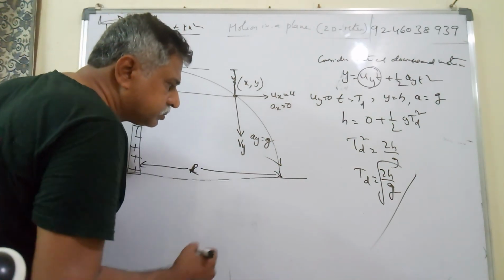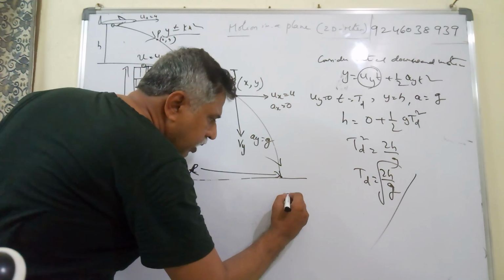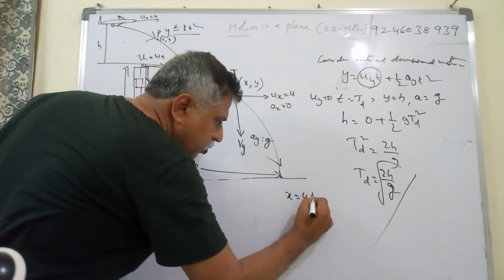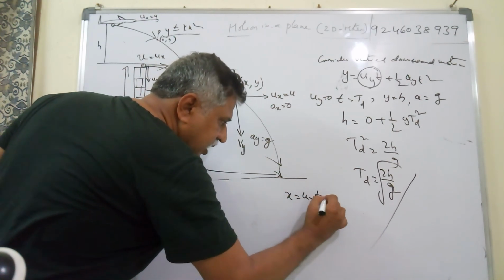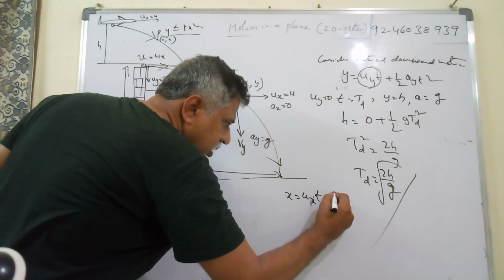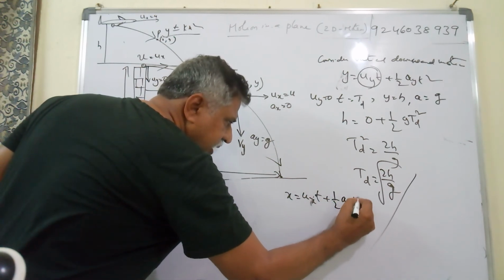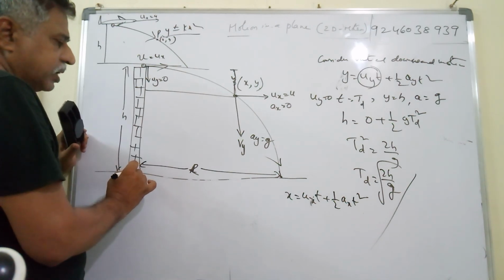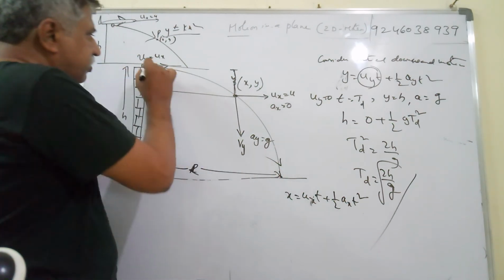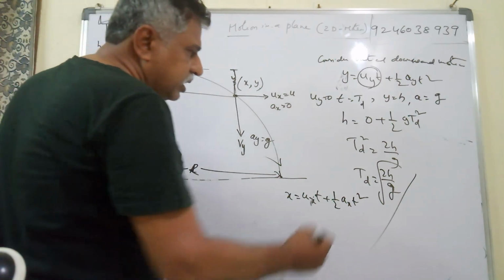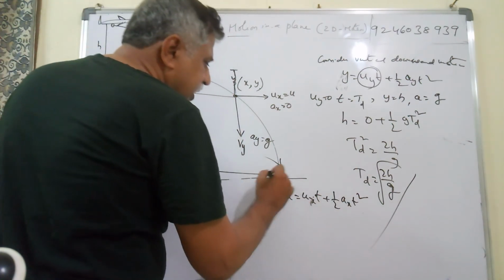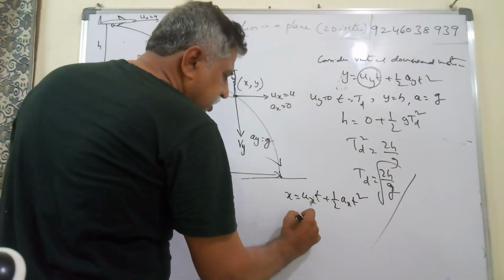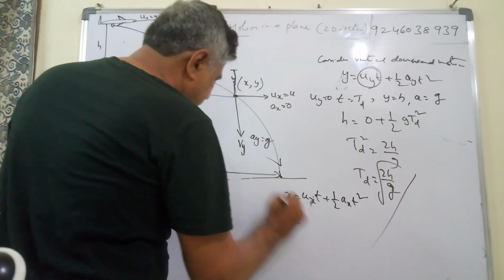Here, consider horizontal motion. x is equal to uxt plus half ax t square. Here the time taken by a horizontal projectile from this point to this point is t. ux does not change. x is equal to r.